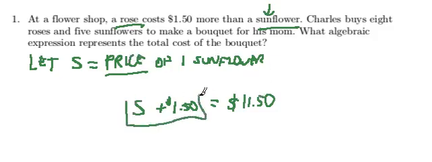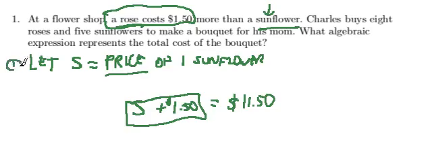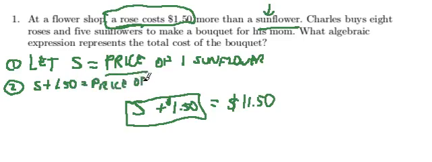So here I have my algebraic expression for the price of a rose, $1.50 more than a sunflower. So we see when we write let statements, we always follow it up in the next stage of solving word problems by writing expressions. S plus 1.50 is the price of one rose.